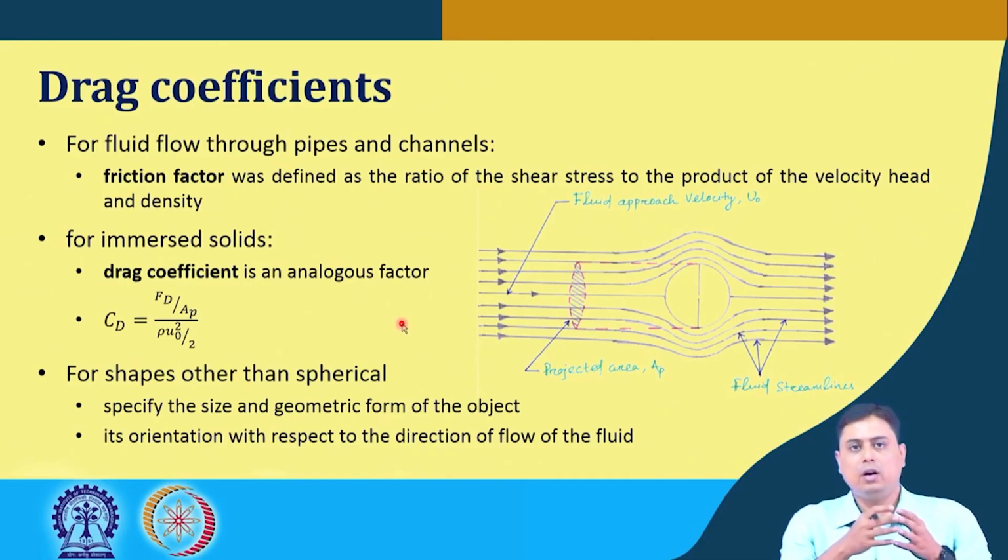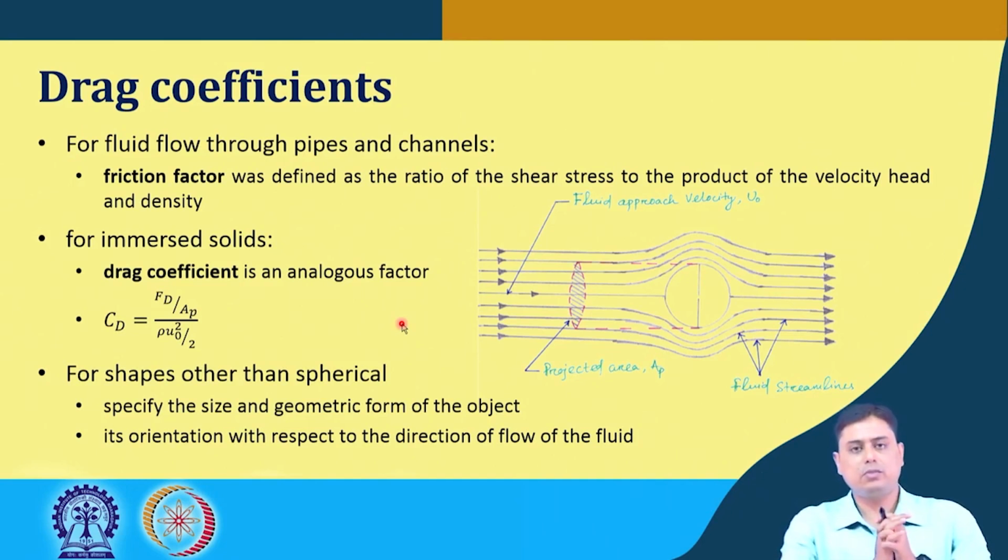So then the researchers have come up with the concept analogous to the friction factor, called the drag coefficient for the immersed solid. So the conditions where there is a solid immersed in a pool of stagnant liquid, or let's say there is a stagnant solid and fluid is passing or moving over that solid particle.